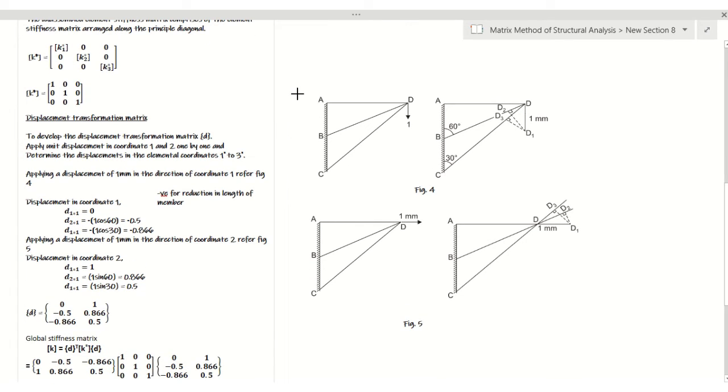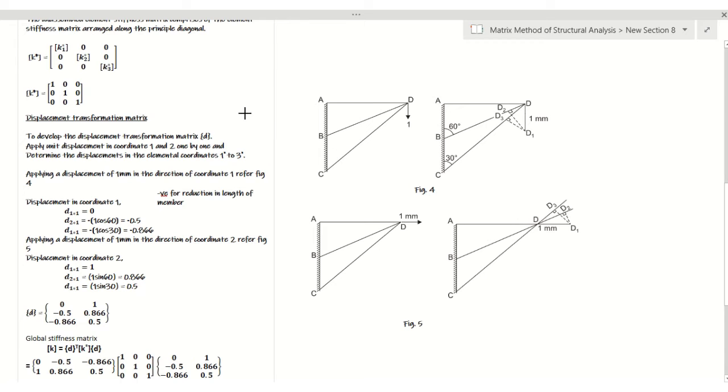So I'll take the first coordinate, apply unit displacement in first global coordinate, and find what displacements are developed in the elemental coordinates which are along my members. Similarly, I'll go for the second global coordinate and apply unit displacement over there, and then determine what displacements are developed in the elemental coordinates. That is how you develop the displacement transformation matrix.